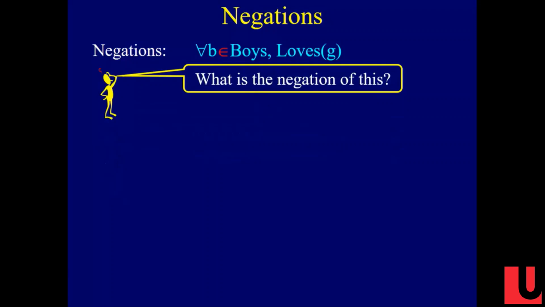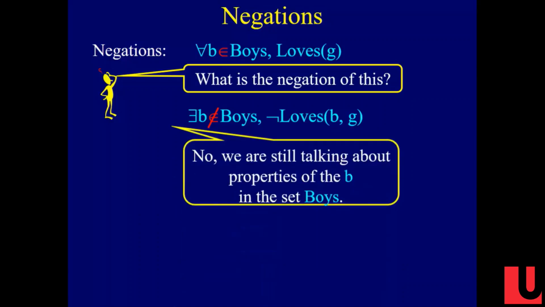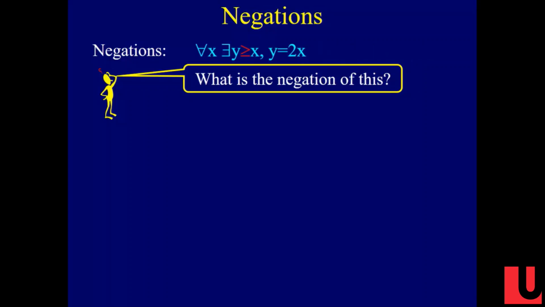All right, here's another thing we want to say. For all boys, what's the negation of for all boys? There exists a boy, right? We're still talking about the set of boys. So let's do another one here.